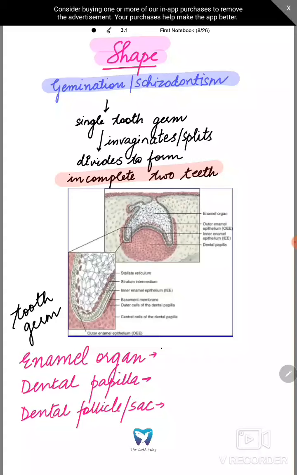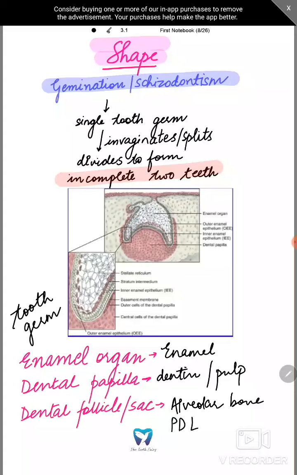Enamel organ gives rise to enamel, dental papilla gives rise to dentine and pulp, and dental follicle or sac gives rise to alveolar bone, PDL, periodontal ligament, and cementum.